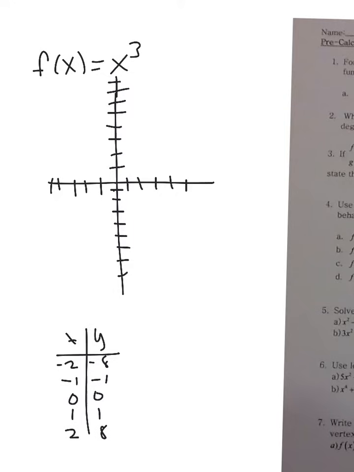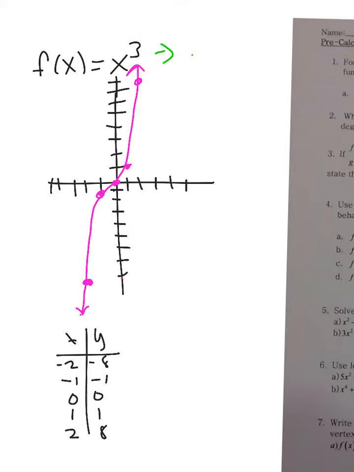Okay, so I have negative 2, negative 8, sorry. Negative 1, negative 1, 0, 0, 1, 1, and then 2, 8. So it looks like that.